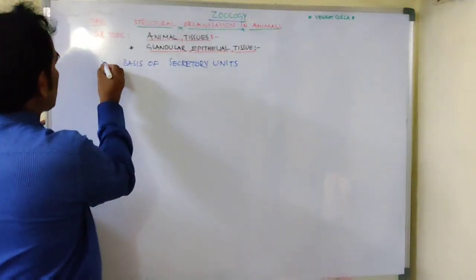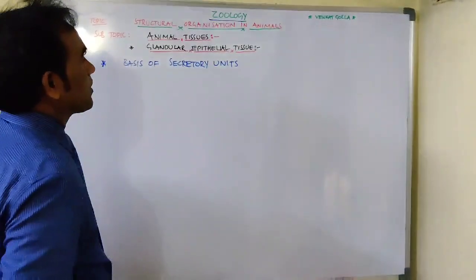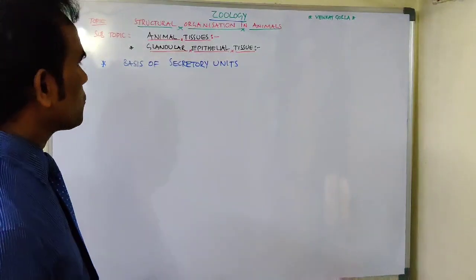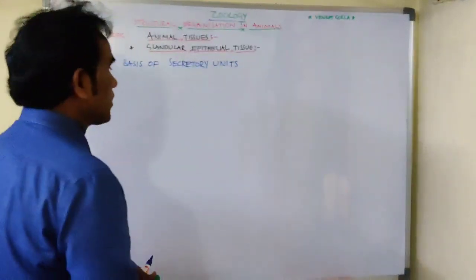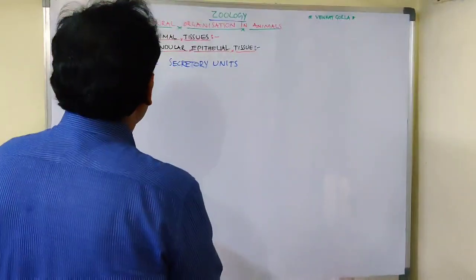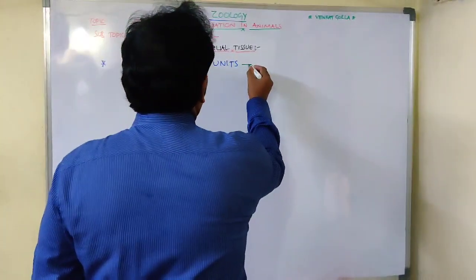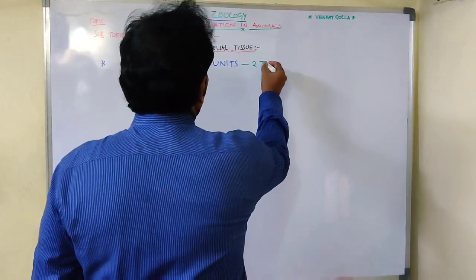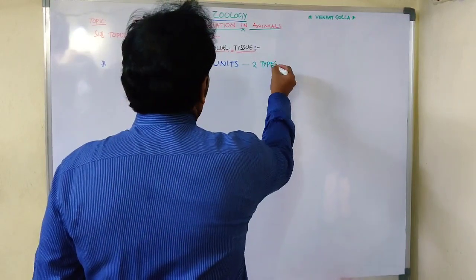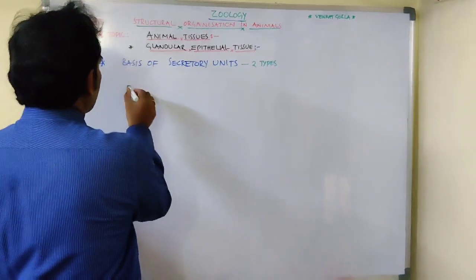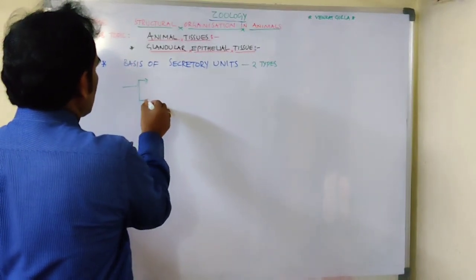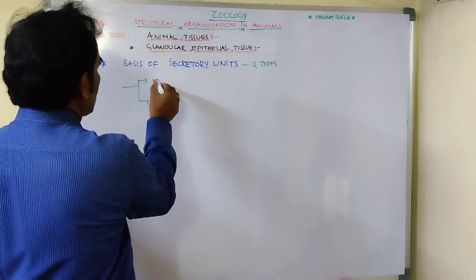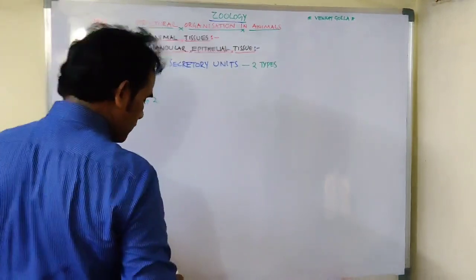On the basis of secretory units, the multicellular glandular epithelium is further divided into two types. They are namely tubular glandular epithelium and alveolar. Number one is called tubular, number two is called alveolar.